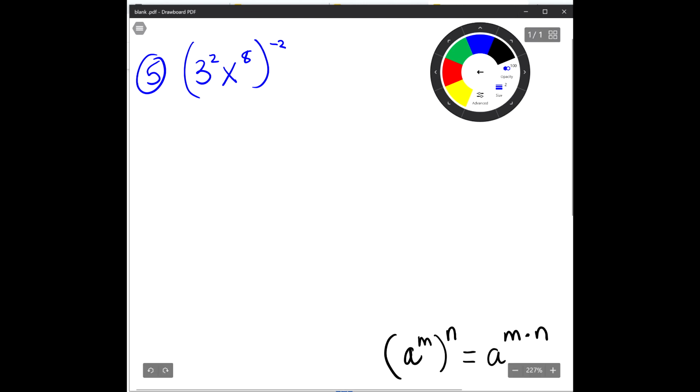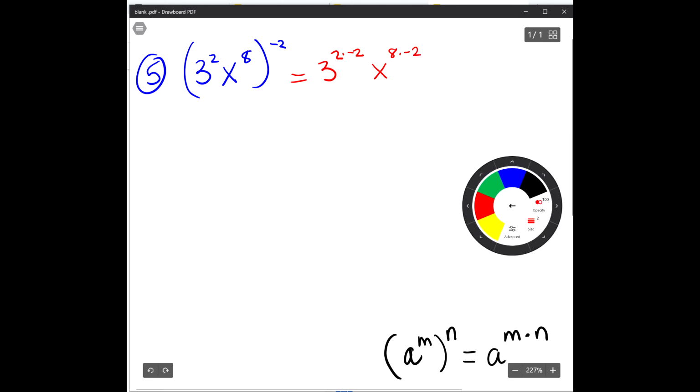So I will have 3 raised to 2 times negative 2. And then next I have x raised to the 8 times negative 2. And now I just simplify them. So 3 raised to negative 4, and then x raised to negative 16. Okay, we can do more simple. One more.